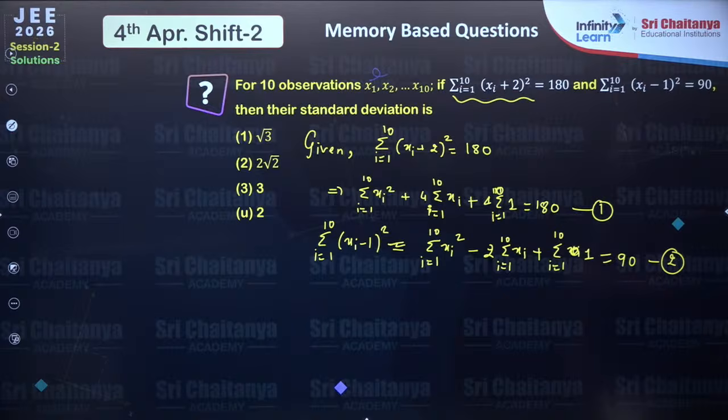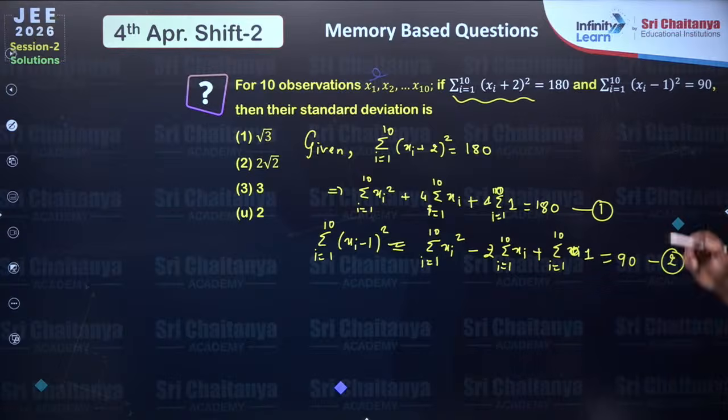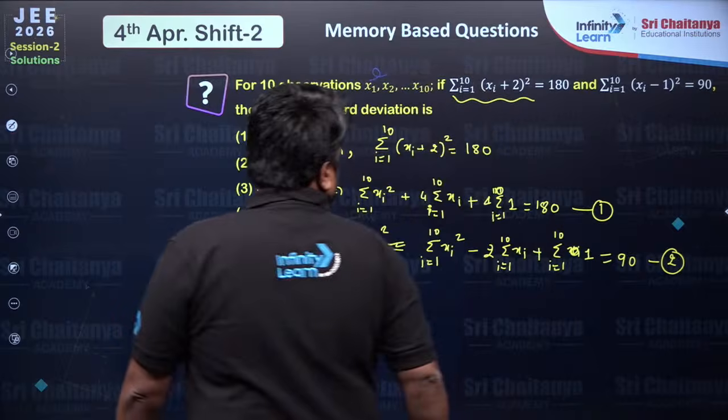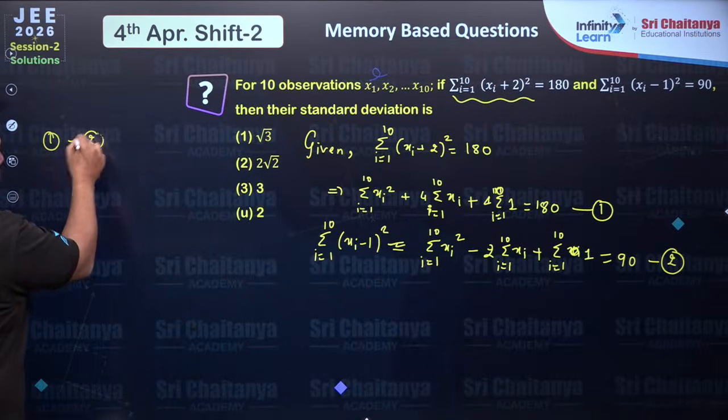Now if we observe equation 1 and equation 2, in this particular problem we were not given the summation of xi and xi square, so we can find that from these two equations. Let's do equation 1 minus equation 2.